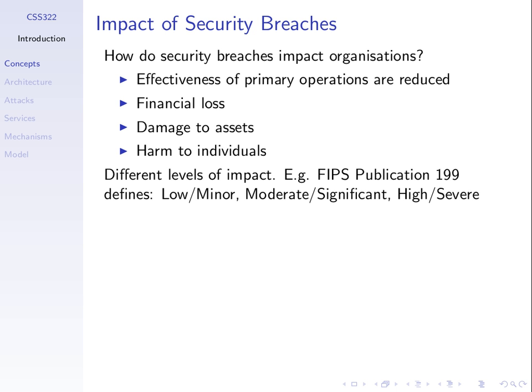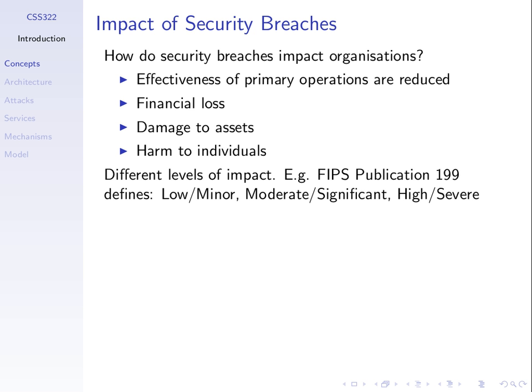And finally, in some cases, we can have physical harm to individuals. Maybe the nuclear facility, if the damage was much further and there was a meltdown, then that could be much more serious. And these may have different levels of impact. Organisations, when they try to assess security risks, look at what impact a breach may have and at what level.